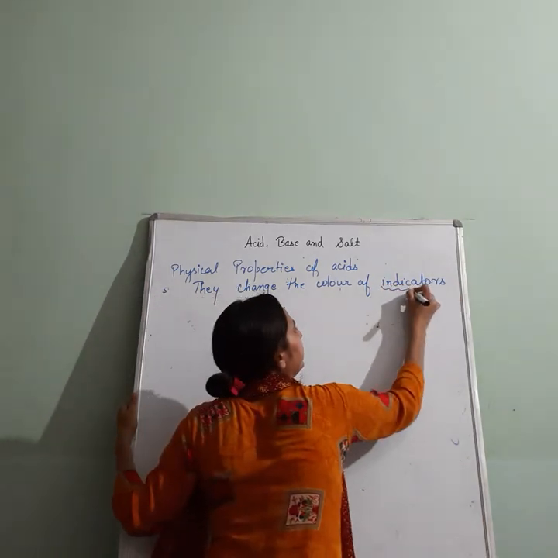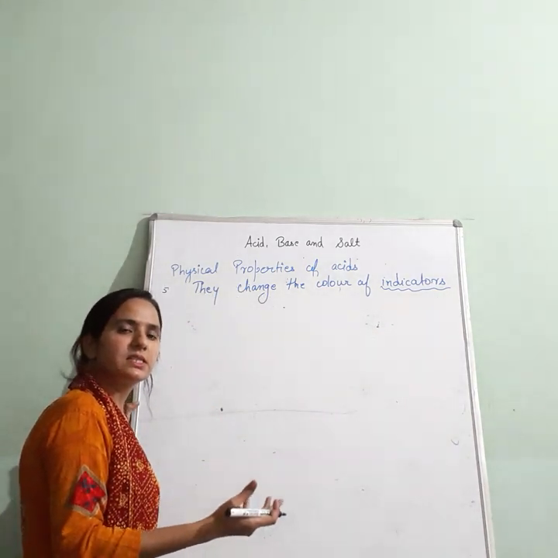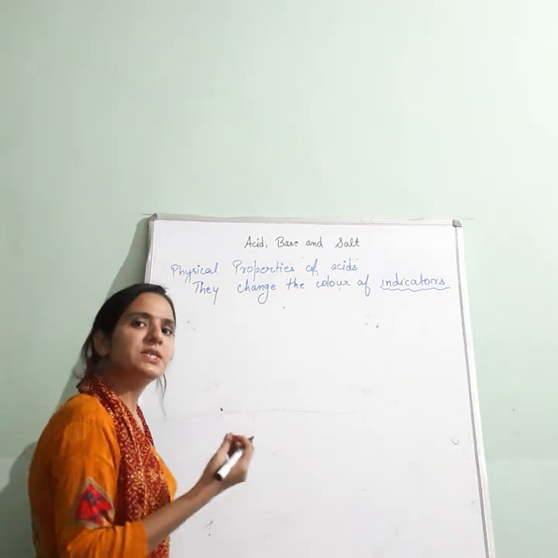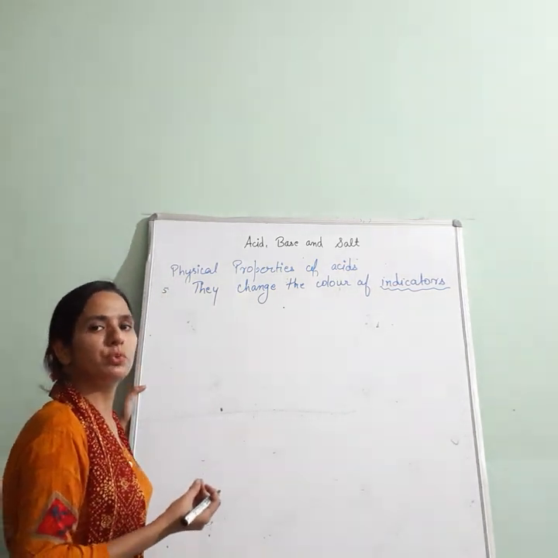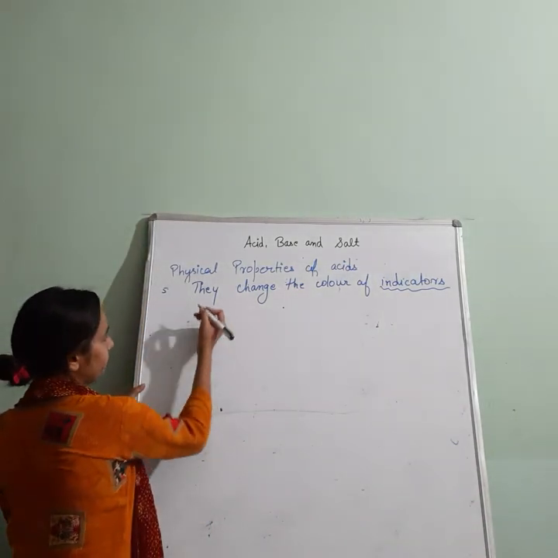Indicators, what are indicators? We will discuss this further in this chapter. Just a small definition: substances which help us to distinguish between acid and base are known as indicators.